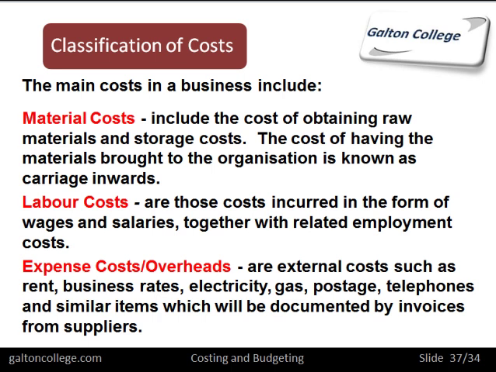Now I'm sure, depending on the nature of the business, that additional categories of costs may be identified. But these are certainly three important areas of costs. If additional ones are found within certain, perhaps new businesses, or if some of these do not apply within the new businesses, so be it. The point is, accountants will come up with classifications which are appropriate to the business they are considering.